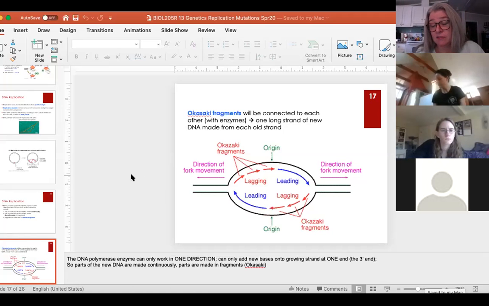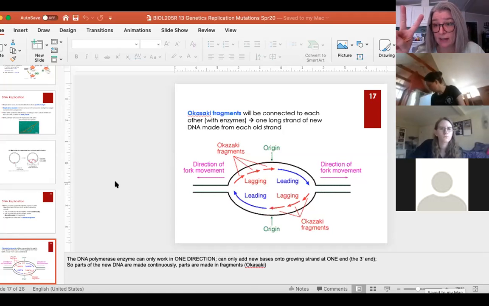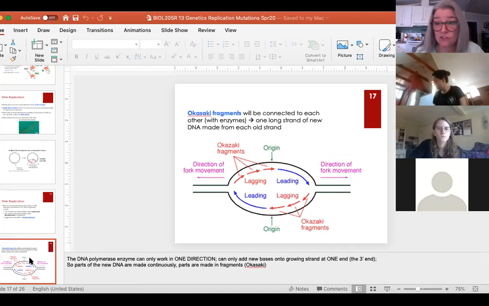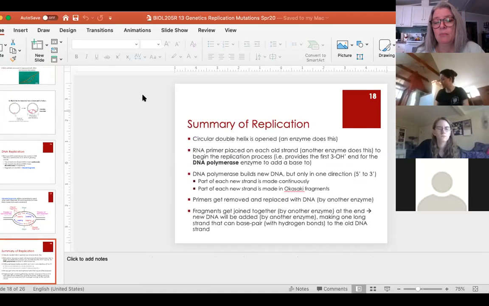And there's all kinds of different enzymes that are going to do that work. In the end, we need to have 2 DNA molecules. Each one of them is going to have one old strand in it and one new strand in it. Semiconservative replication.